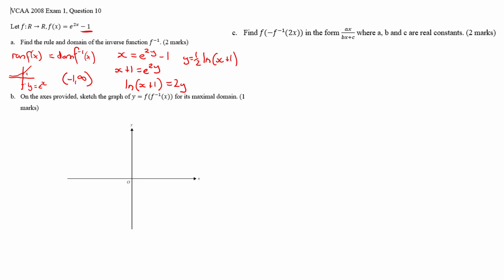Okay, next part we need to go through is looking at B. On the axis, provide a sketch of the graph y equals f of f negative 1 of x for its maximal domain. So first we need to be thinking about is the composite and the inverse undoes everything. So it just goes back to y equals x.